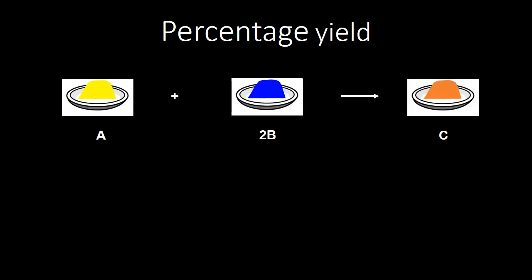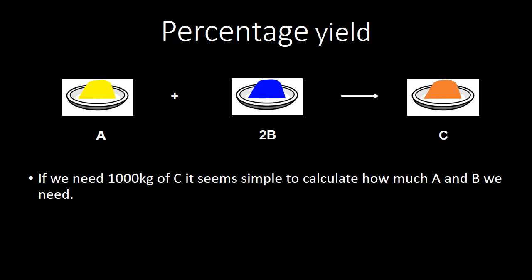So with that, we're going to move on to percentage yield. I know we didn't talk much about atom economy, but it really is quite straightforward. So percentage yield, you could have an exemplar reaction where 1 mole of A and 2 moles of B make 1 mole of C. So for instance, if you wanted to know how much of A and B you need to produce 1000 kilograms of C, it would be quite intuitive just to do simple calculations to work it out.